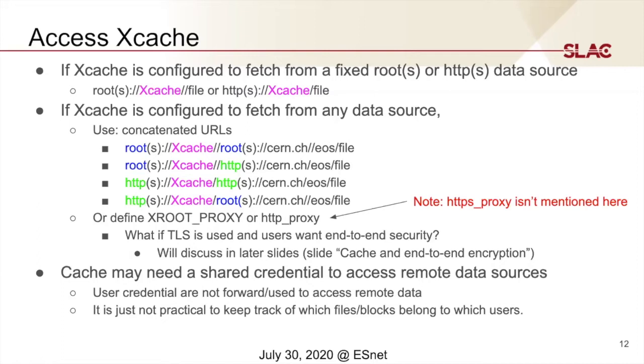If this block of the file is fetched by this user, can the other user use that data block? It's not practical to keep track of that. So we use a shared credential, which means it's good for a community with common access privileges to use the same cache, to share the same cache.